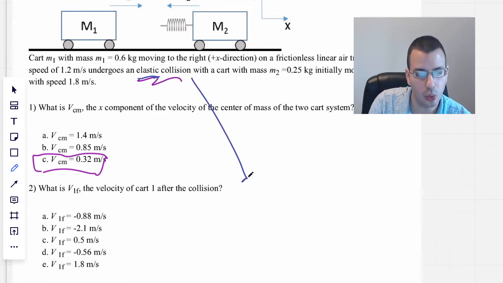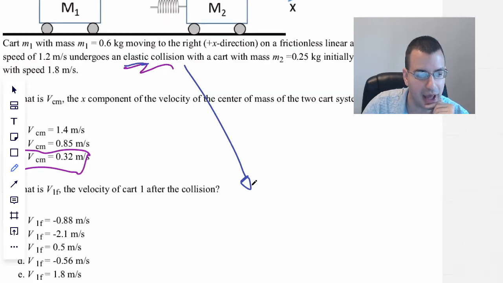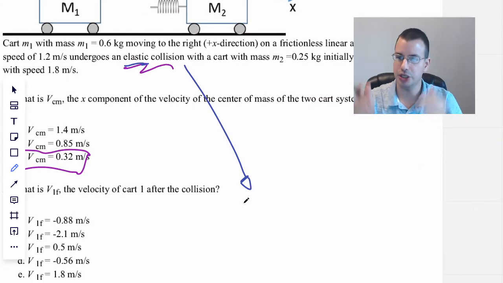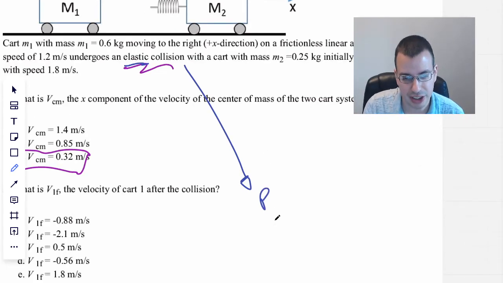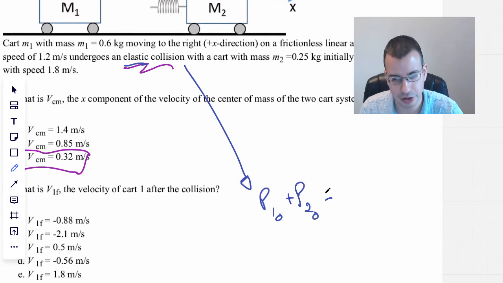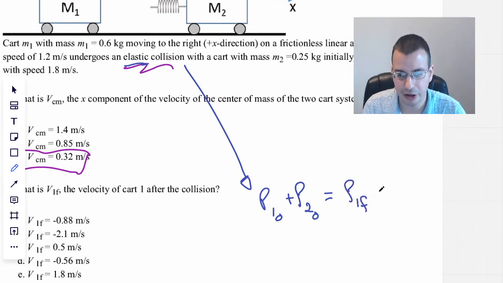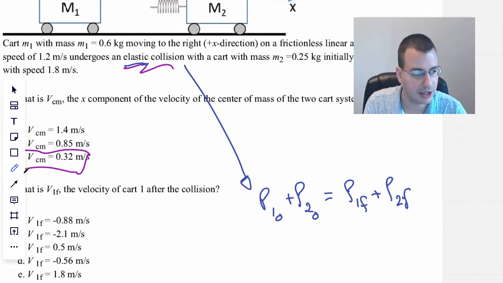We have two equations we can write up here. We can say momentum 1 initial plus momentum 2 initial equals momentum 1 final plus momentum 2 final, and these will be along the lines of mass times velocity.